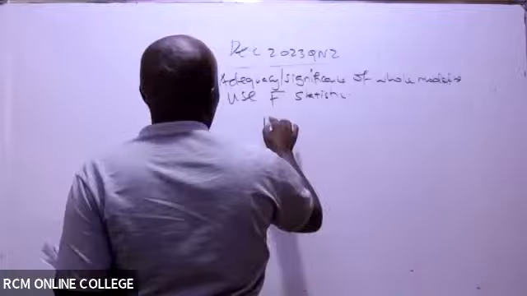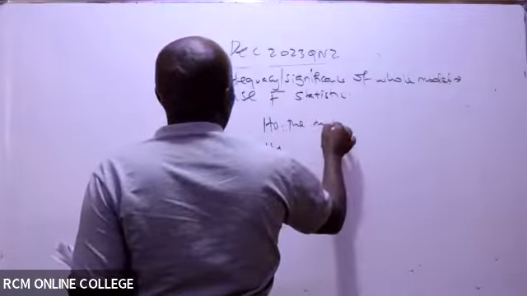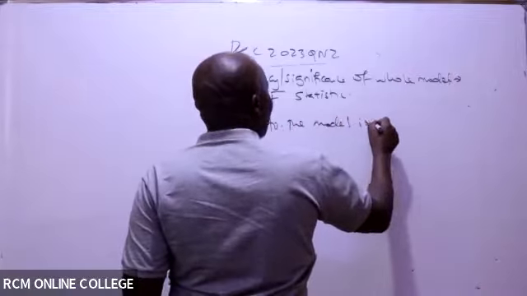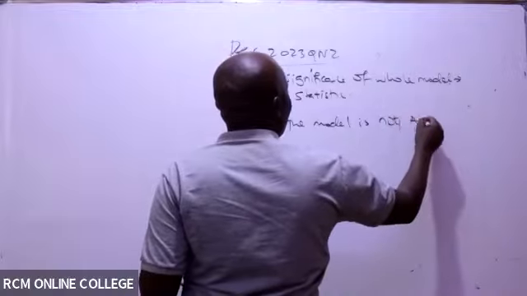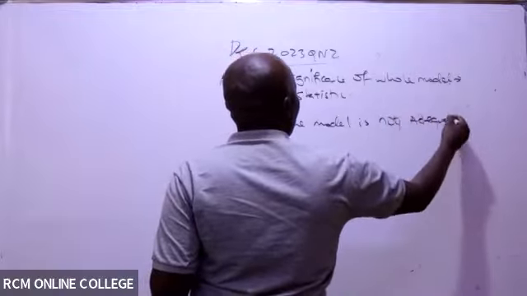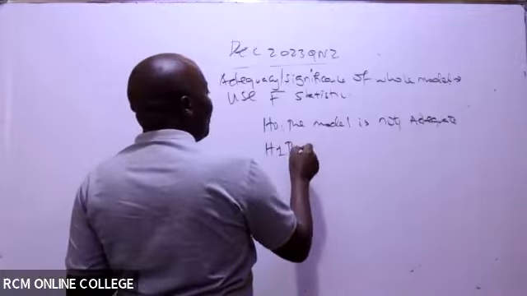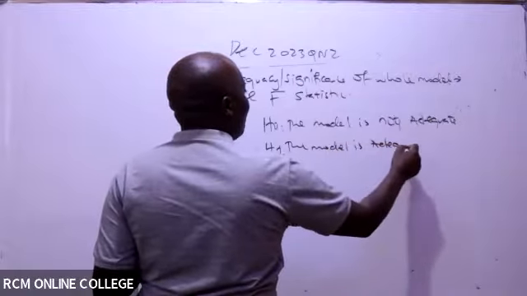And then of course you'll give us H0, H1. H0, the null, you say the model is not adequate, is not good, is not significant. And then H1, the model is adequate or is significant.